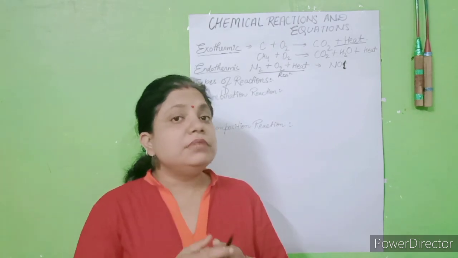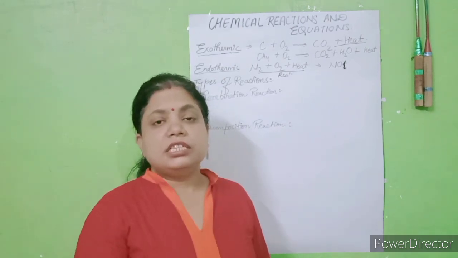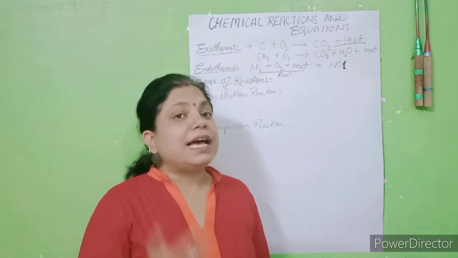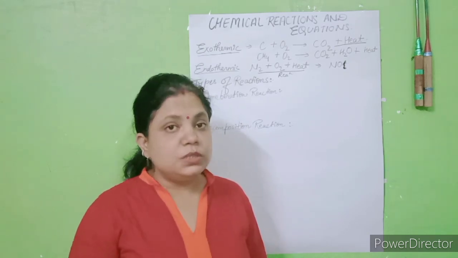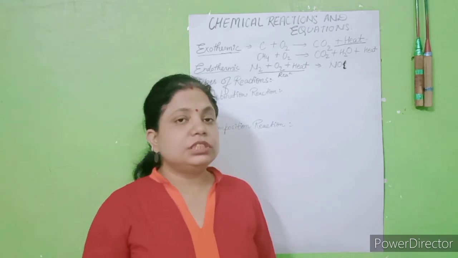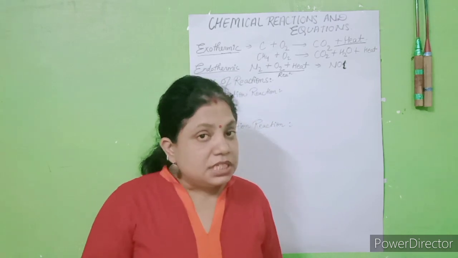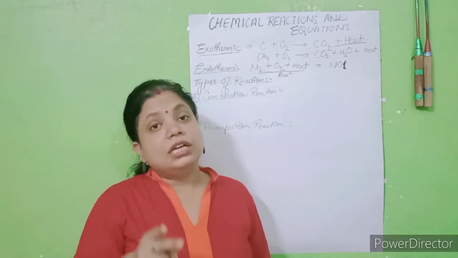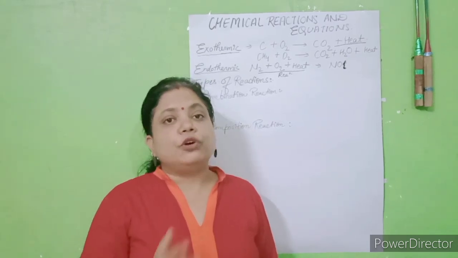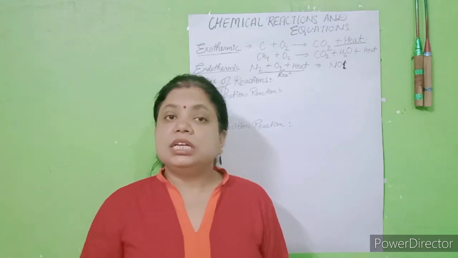Okay, combine means to join. Fine. So a combination reaction says that those reactions where two or more elements or compounds combine and form a new product are known as combination reactions, where two elements can take part or two compounds can also take part in the reaction and form one single compound.